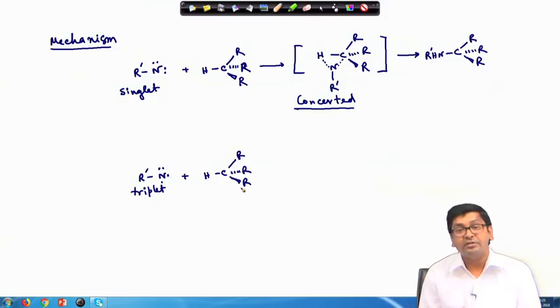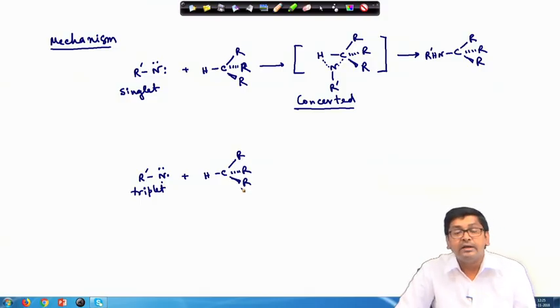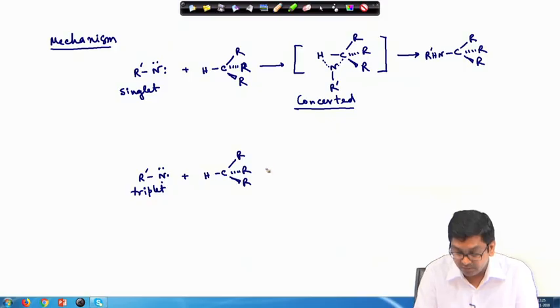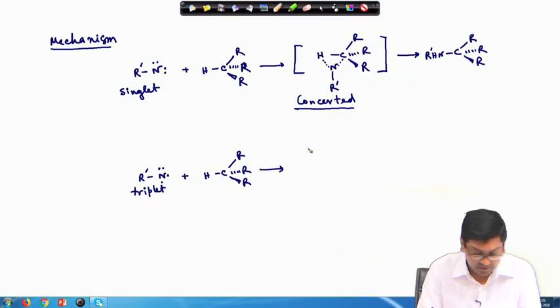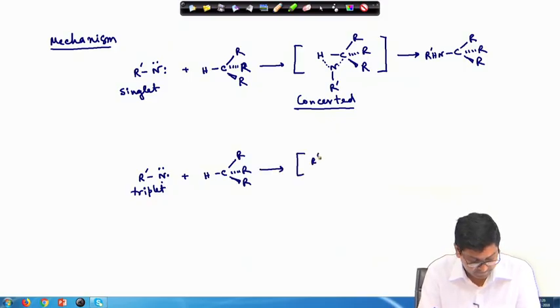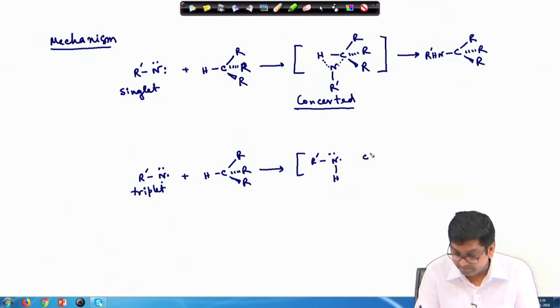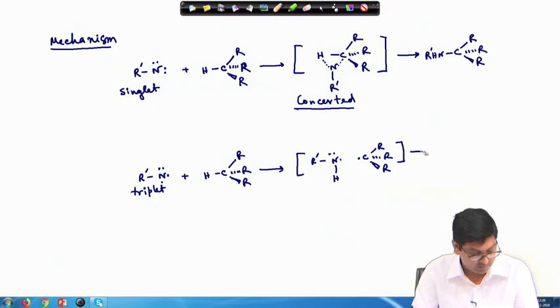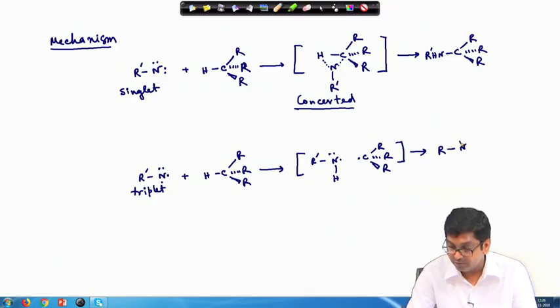They can also get inserted, even though in a lot of cases the yield is poor, and finally this will form this carbon nitrogen bond.